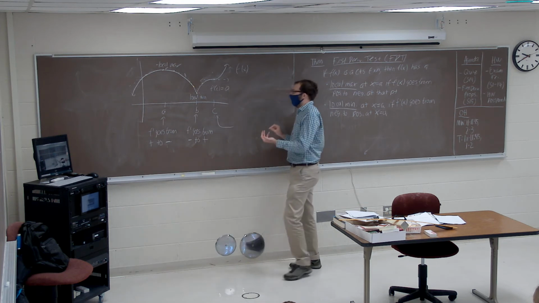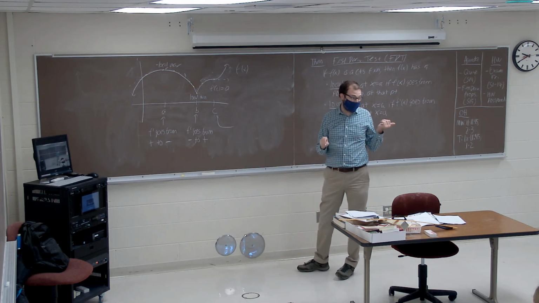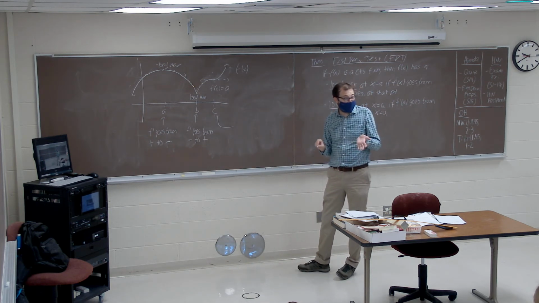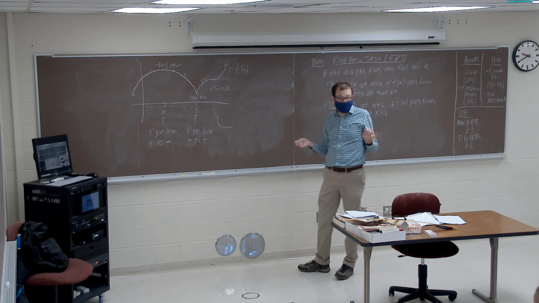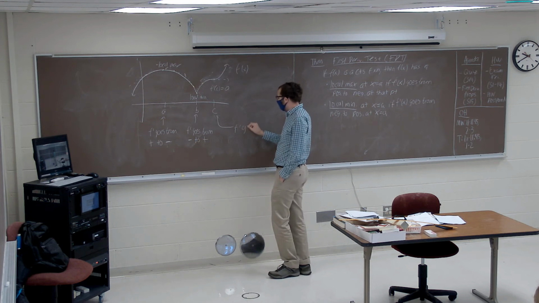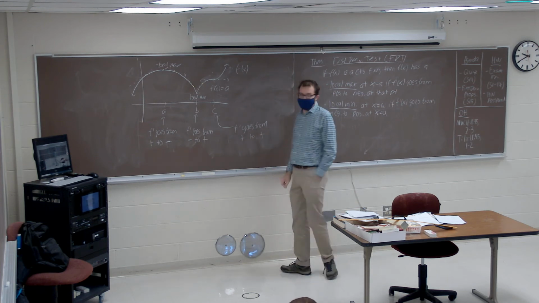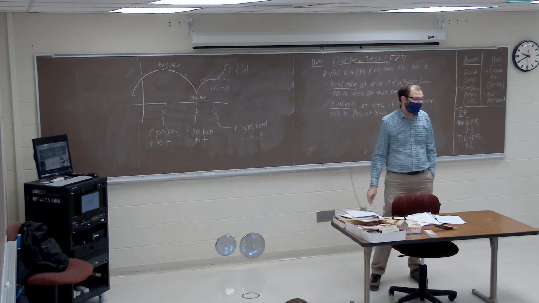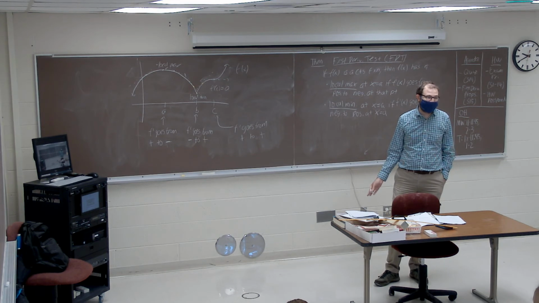But a little bit to the left of c, we have a positive slope, and a little bit to the right of c, we're going to have a positive slope again. So at x equals c, f prime is going to go from positive to positive again. And at x equals c, we're not going to have a local max or a local min.